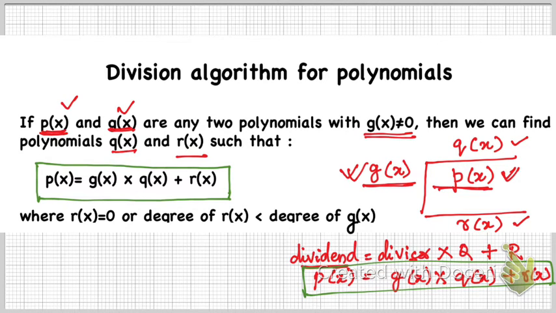And one more very important thing: either r(x) is equal to 0, meaning the remainder of the division is 0, or if you are not getting the remainder as 0, then the degree of the remainder polynomial r(x) will always be lesser than the degree of g(x), meaning the degree of the remainder is always lesser than the degree of the divisor.